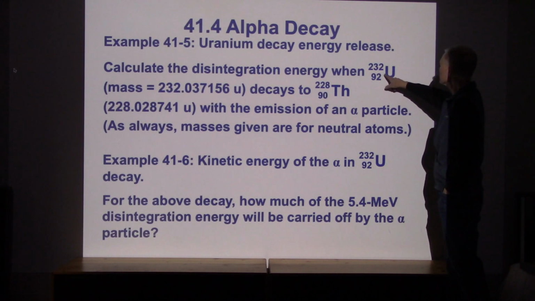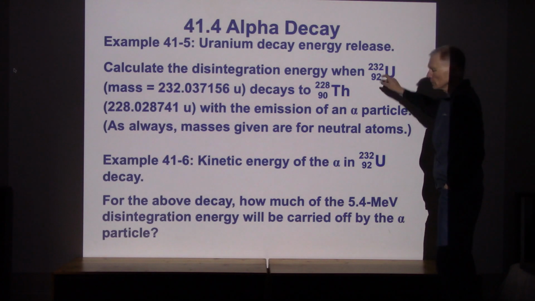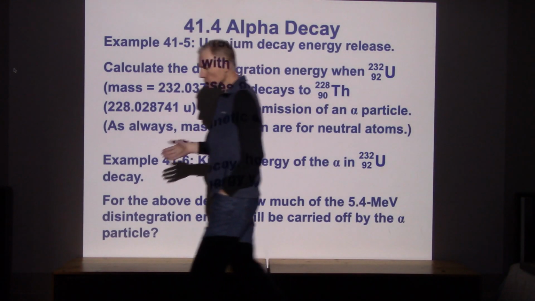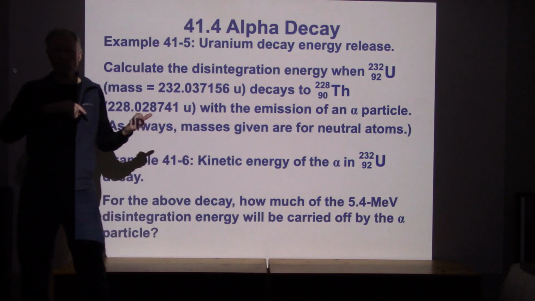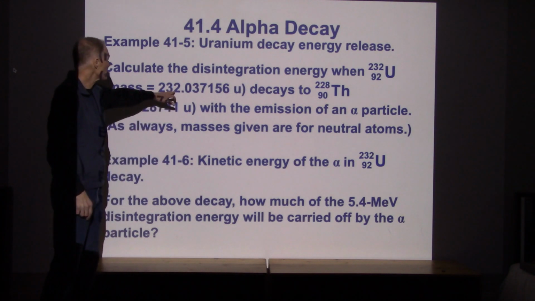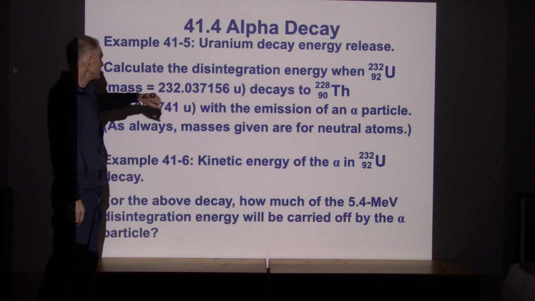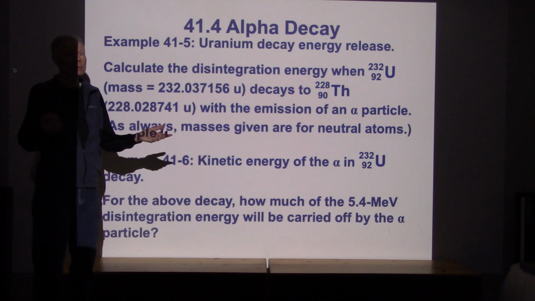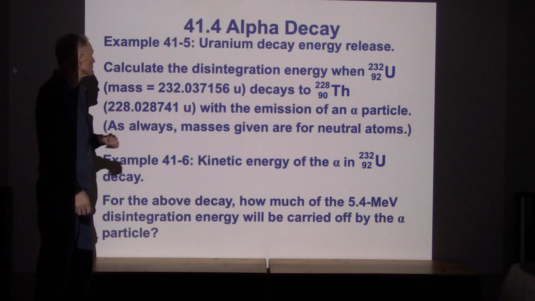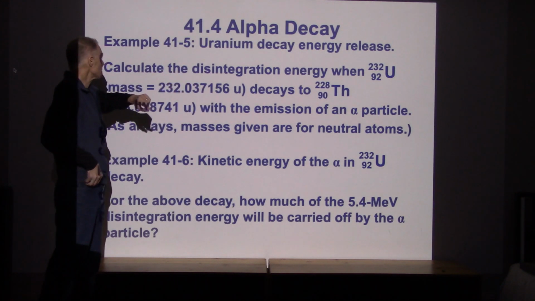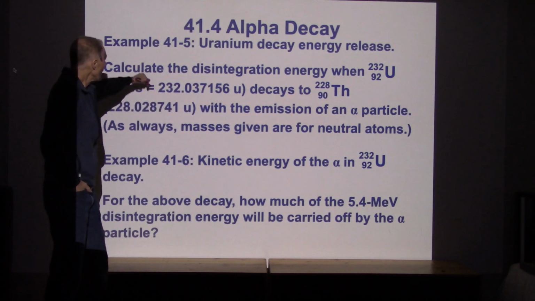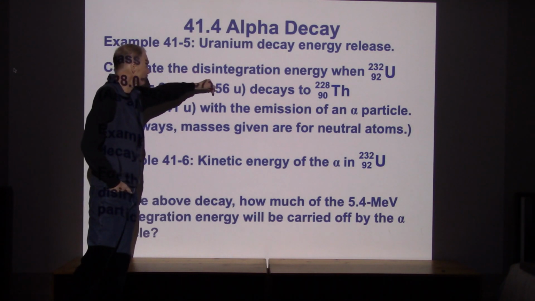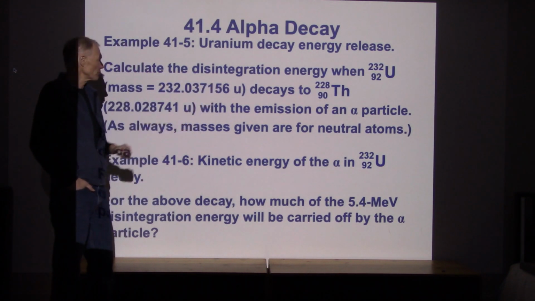Here's one of those isotopes, the 232. Now they're giving us the mass number, so we don't have to go to Appendix F and look this up. They've written this down from Appendix F: 232, and again, it's not coming from the periodic table, it's coming from a list of isotopes. I'm specifically looking up the 232 isotope: 232.037156, yes, I get to keep all those significant figures.